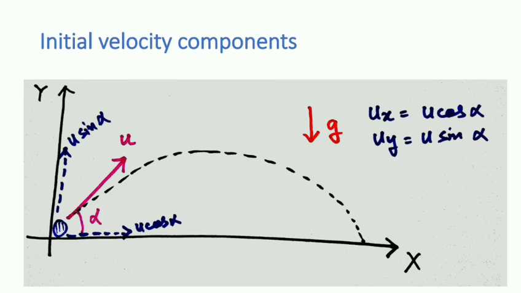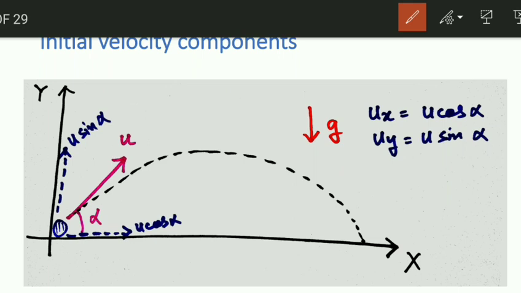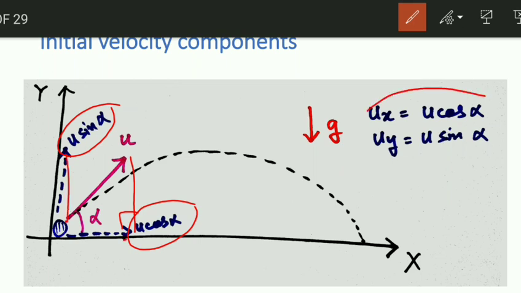Here I have resolved this into the x component and the y component. This is u cos alpha, the x component, and u sin alpha, the y component. This we can get from this right angle triangle. This is u, so this is u cos alpha and this is u sin alpha. I have written the results here.